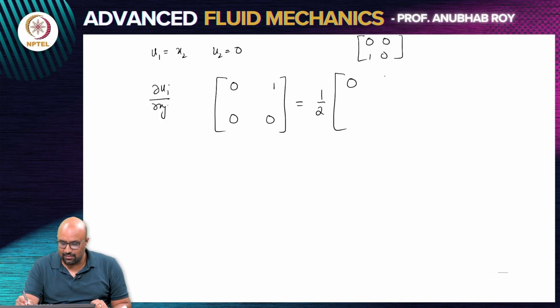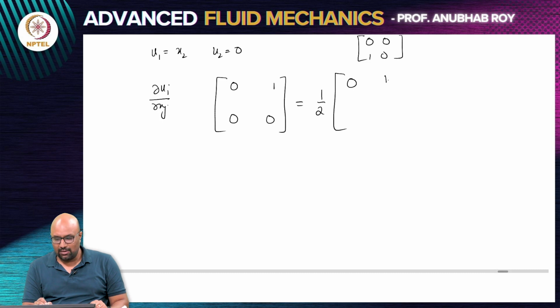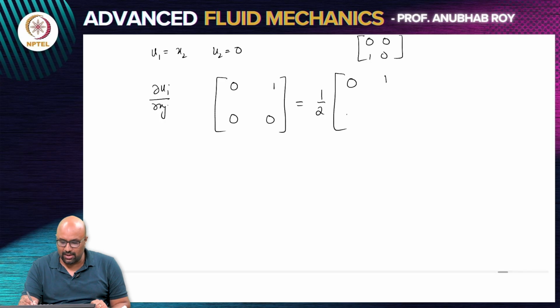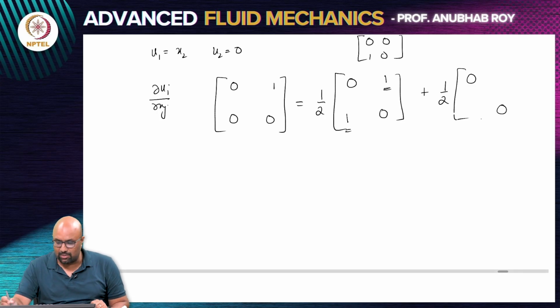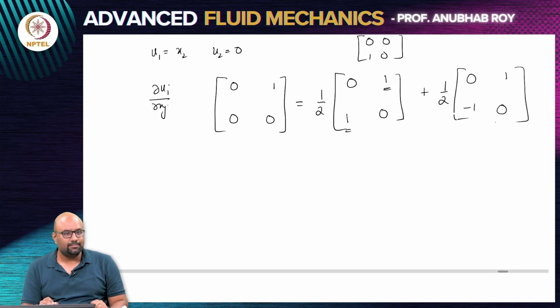So, I will have half in the 1, 2 component and half in the 2, 1 component. That is the symmetric part. For the anti-symmetric part, the diagonal continues to remain 0 and I will have half, minus half. So, this is my rate of strain tensor, and this is my rotation tensor.